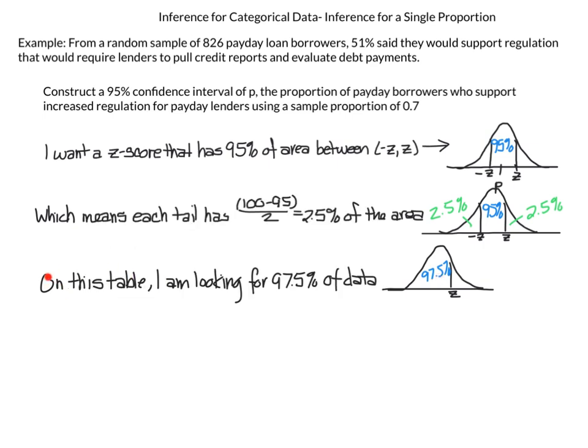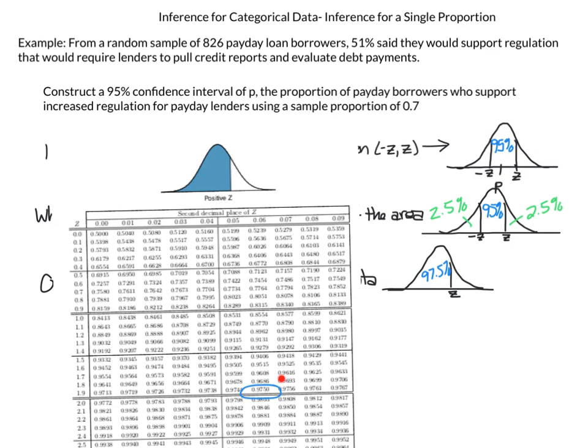On this table, I'm looking for 97.5% of the data. Looking at my table, I see I have 0.9750, and that's at z equals 1.96. I'm going to note that down. Your book uses the 95% confidence interval a lot, and it's always 1.96.